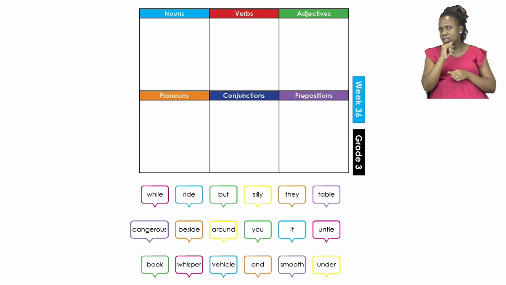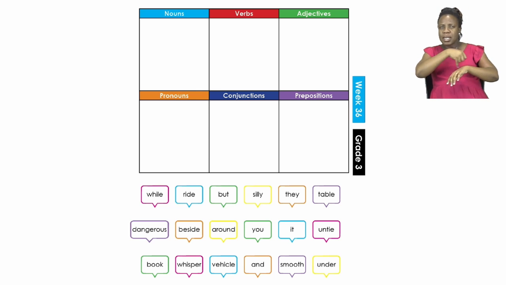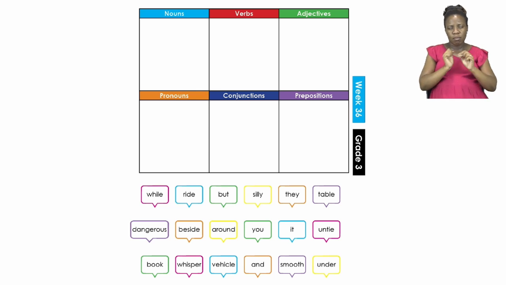What are these different parts of speech? First of all, a noun is the name of a person, place, or thing. So you have to find a name of a person, a place, or something from the list below. When you talk about verbs, you have to find a doing word from the word bank. Then you also have to find an adjective.